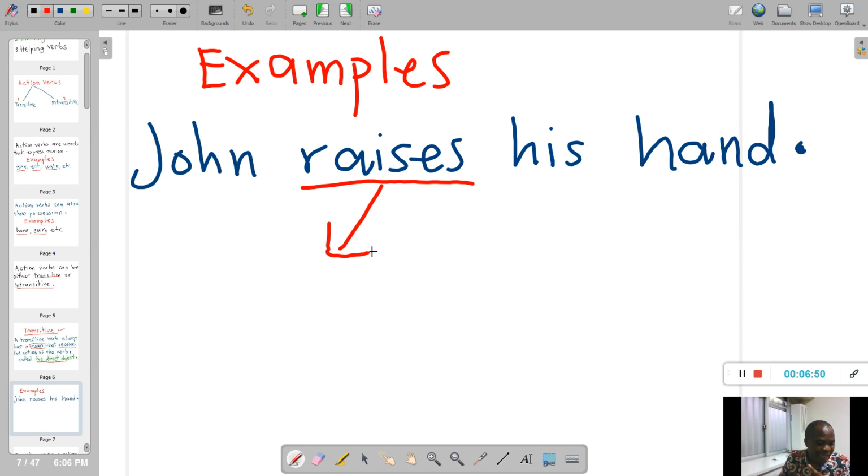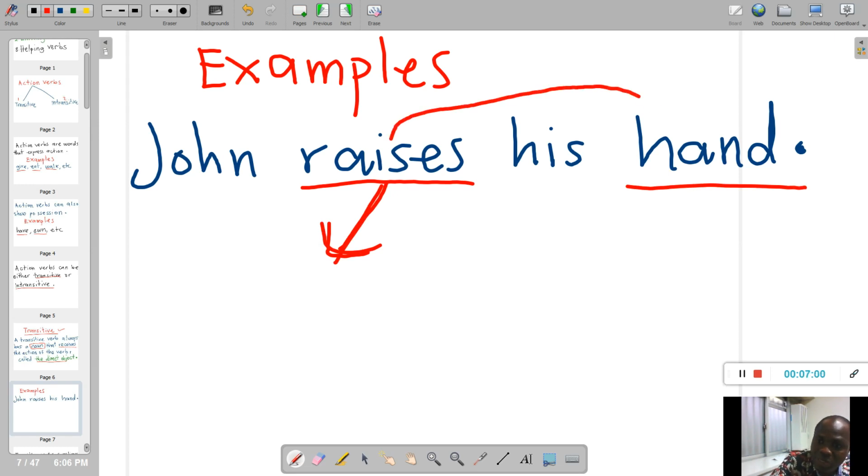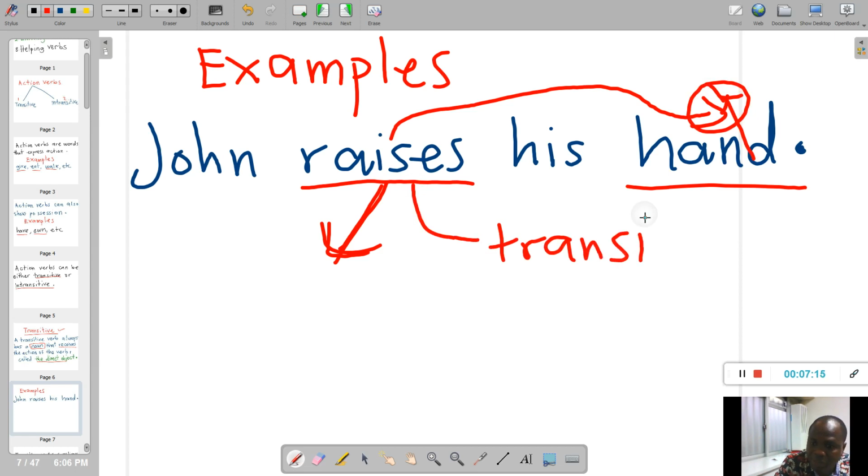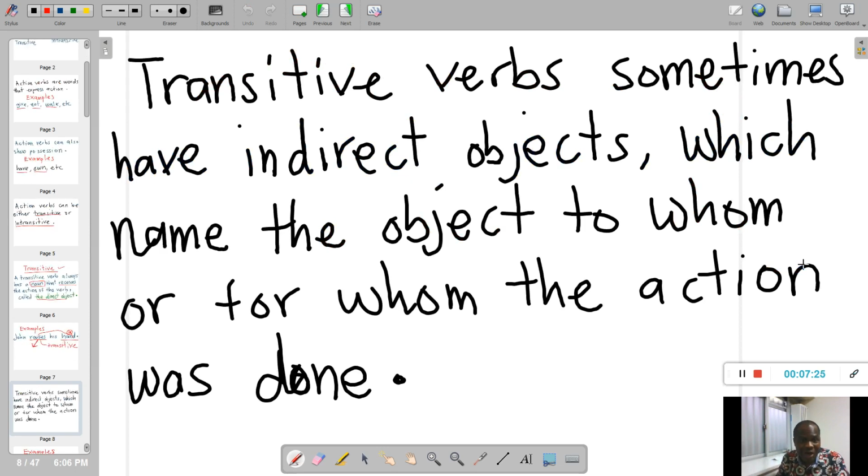Therefore, raises is a transitive verb. Look at raises and look at the hand: raises is going to the hand, so the hand is receiving the action raises. When that happens, the verb becomes a transitive verb. Let's continue. We are running out of time.